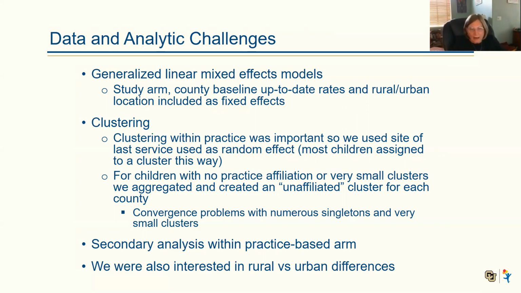What we found when we tried to do this had some practical issues: there were a number of children at every county that had no practice affiliation, or there were very small clusters, and we ended up aggregating those and creating an unaffiliated cluster within each county. And that solved some of the convergence problems that we initially had with analysis.